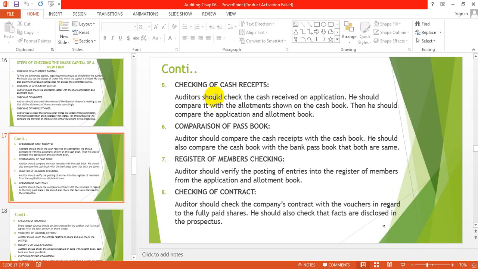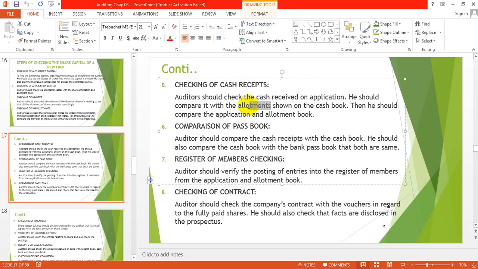So, the company will inform the public through prospectus. The public will give application letters. Then the company will allot shares to the shareholders. When shares are allotted to a shareholder, we will compare the allotments with the cash book.